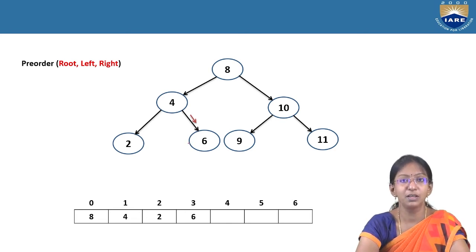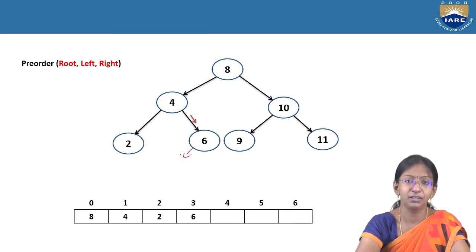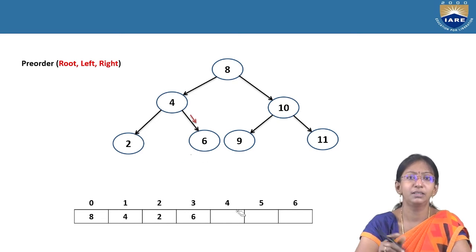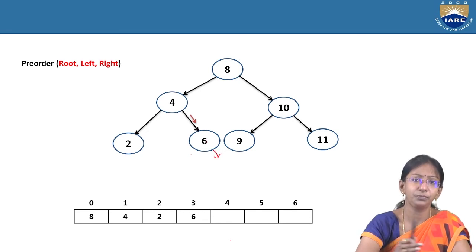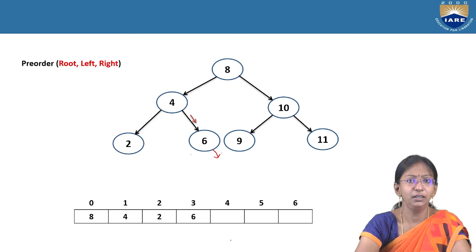I have stored 6, and then I'm going to travel towards its left. Is 6 having any left item? No. Then travel towards its right. Is 6 having any element on its right side? No, as 6 is a leaf node. So the job is done. Traversing towards the left and right of 6 is done.